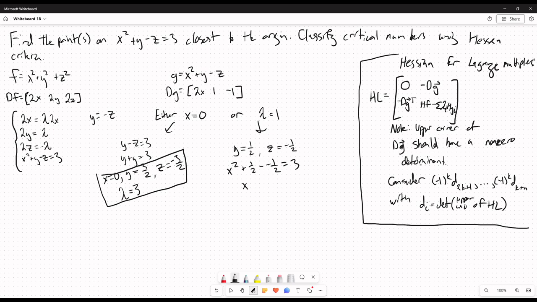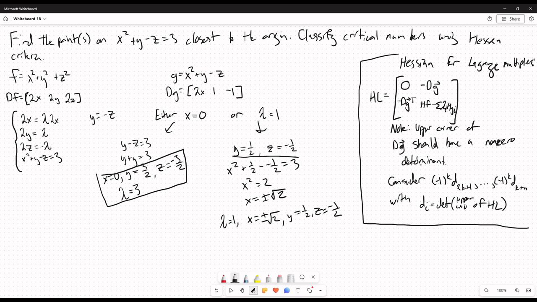That's going to end up being that x squared equals 2, or x equals plus or minus square root of 2. In both of these cases, we also have that lambda equals 1. So we have lambda equals 1, x equals plus or minus square root of 2, y equals 1/2, and z equals negative 1/2.